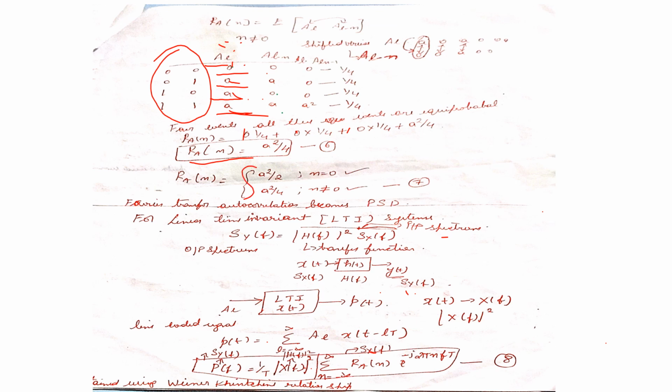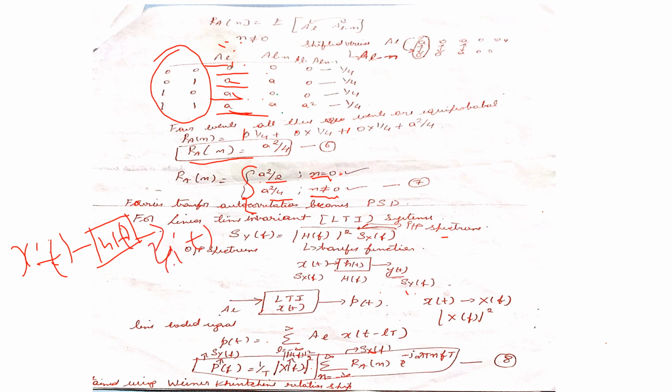Now we have the two values, A square by 2 and A square divided by 4, for n equal to 0 and n not equal to 0. For a linear time invariant (LTI) system, you have x of t fed into the LTI system having the response h of t, and you retrieve the outcome y of t.